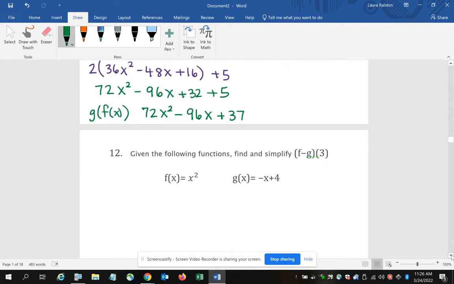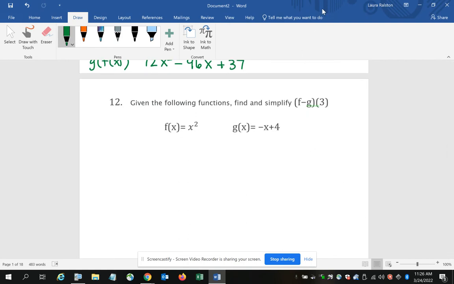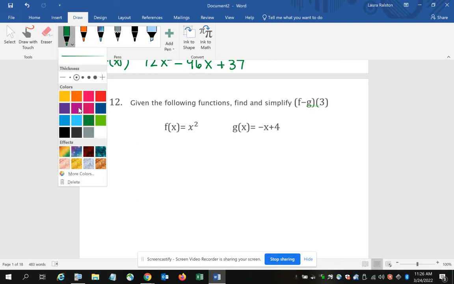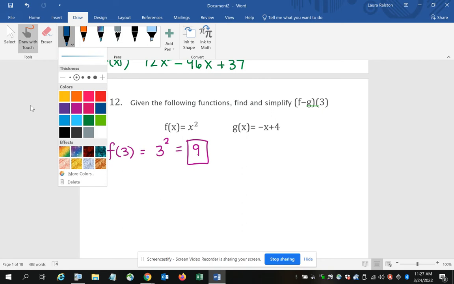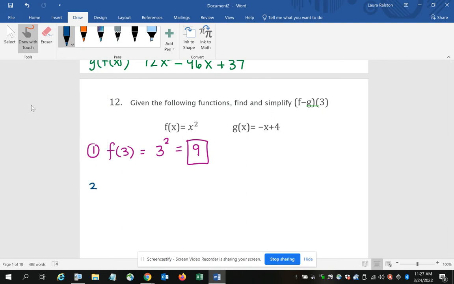Okay, number 12 is a similar problem, but it wants you to find and simplify f minus g at 3. So again, it's a 3-step problem really, because you have to first find f at 3, which would be 3 squared, which is 9. Step 2 is to find g at 3.